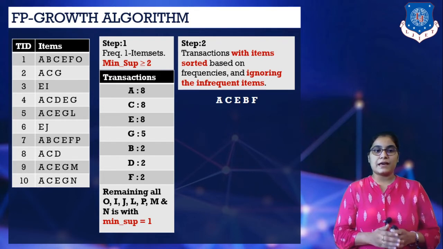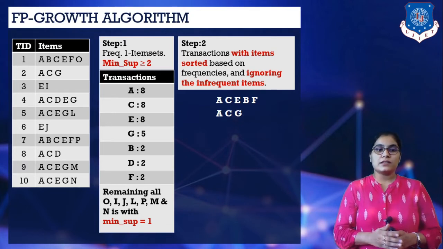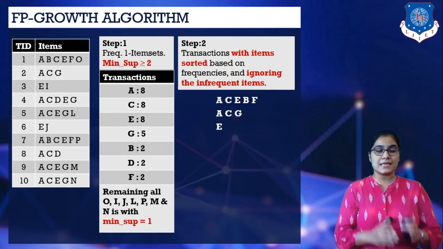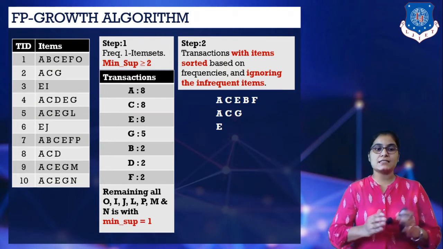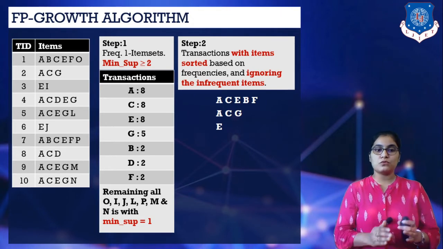The same will be applied for transaction 2, in which we have 3 items, that is A, C and G. It is already sorted according to the frequency so we don't have to do anything. Now transaction 3, in which we have 2 items E and I, out of which I is infrequent, so we have just removed it from the further processing.